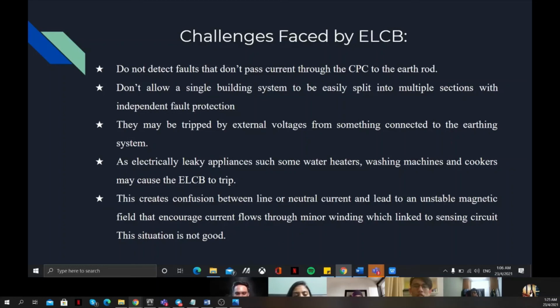That creates confusion between line or neutral current and leads to an unstable magnetic field that encourages current to flow through the minor winding which links to the sensing circuit, as shown in the figure above, which means this situation is not good.